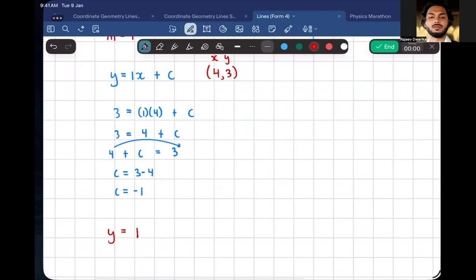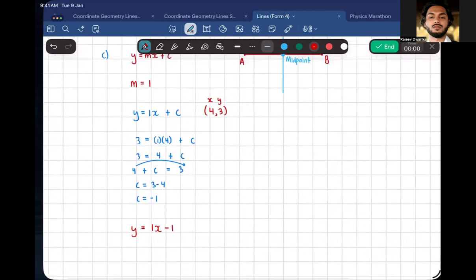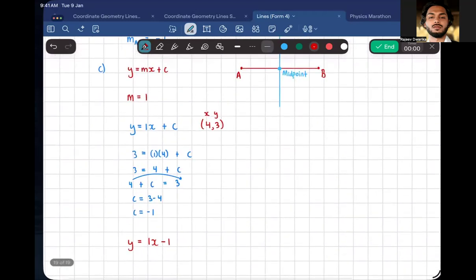So we're going to say 1x. And what was c? c is minus 1. So I'm going to write y is equal to 1x minus 1. So far, do you understand every single thing we did?